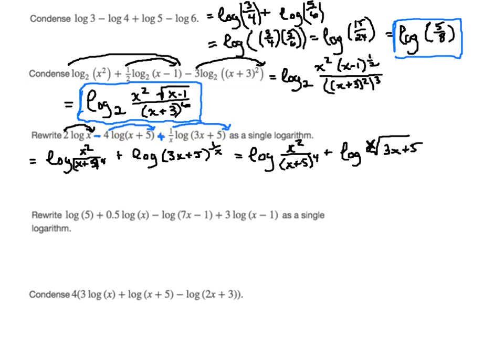And now I just have the addition. So this is the same thing as the log of, I'm going to write this a particular way and then do another simplification step. This is x squared over x plus 5 to the 4th power, and that's being multiplied by the x root of 3x plus 5, and that's over understood 1.